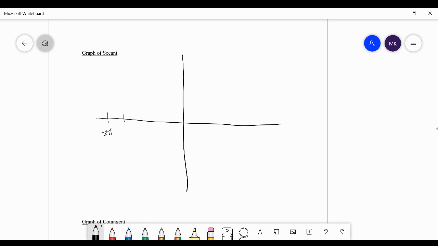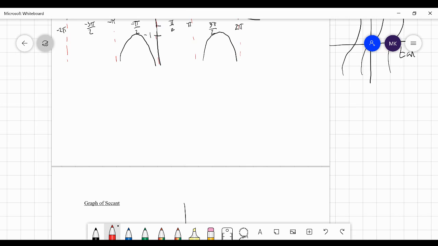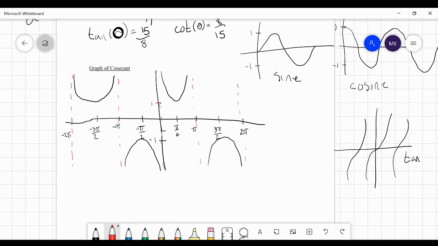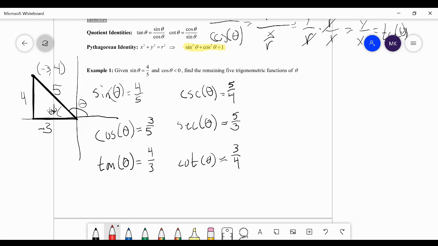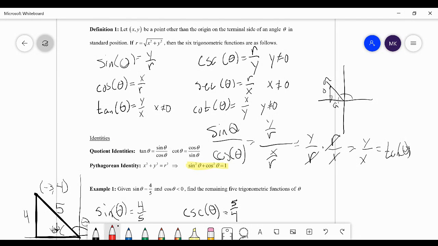Negative 2 pi, negative 3 pi over 2, negative pi over 2, pi over 2, pi, 3 pi over 2, 2 pi. Now, with cosecant, our value was r over y.